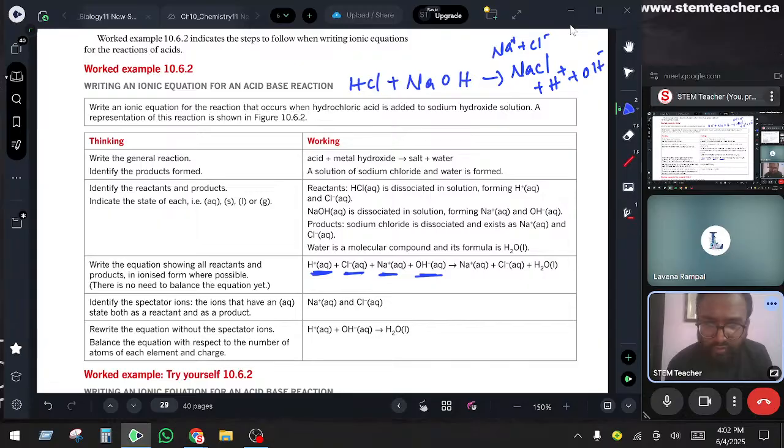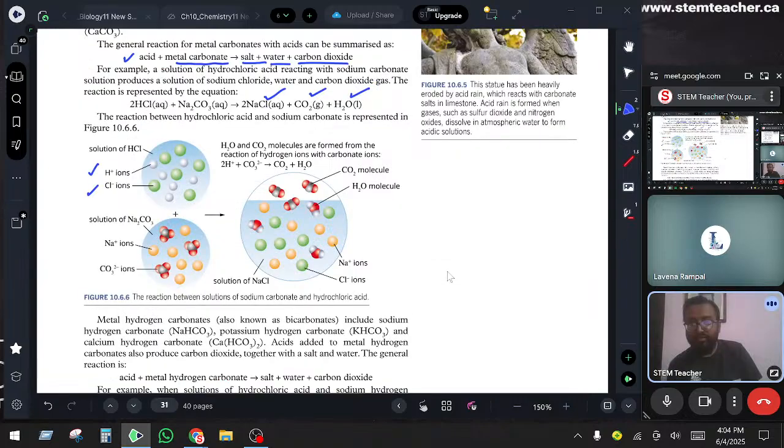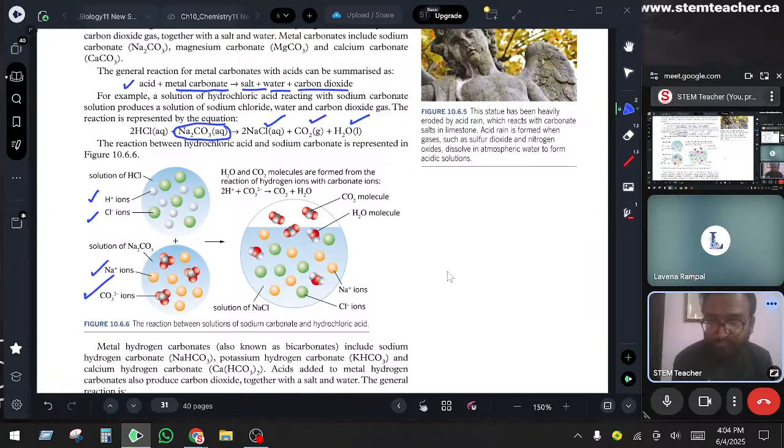Acid plus metal carbonate provides salt, water and carbon dioxide. ये तीनों रिलीज होगा: NaCl, CO2 plus H2O. So HCl becomes H plus and Cl minus, plus a solution of Na2CO3. Sodium carbonate is a metal carbonate, Na2CO3, and it will form CO2, H2O and salt.